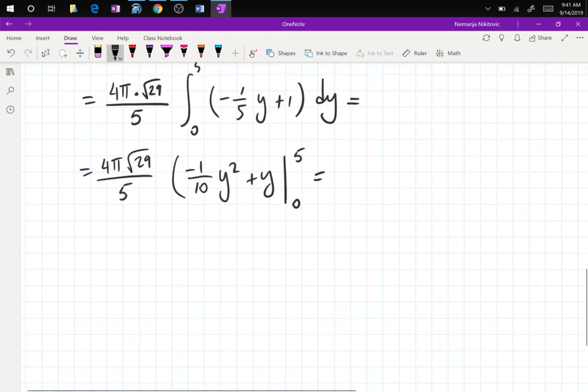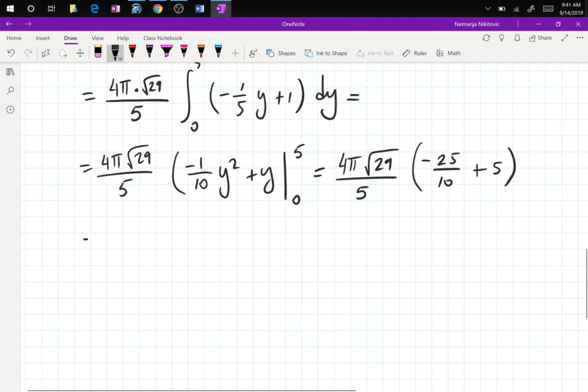And we plug in values. 4 pi square root of 29 divided by 5. And now when I plug, I don't have to plug in 0, I just need to plug in 5s. I have negative 25 over 10 plus 5. 5 over 1, 50 over 10, so that's 25 over 10.